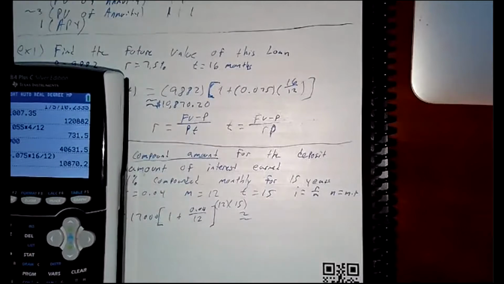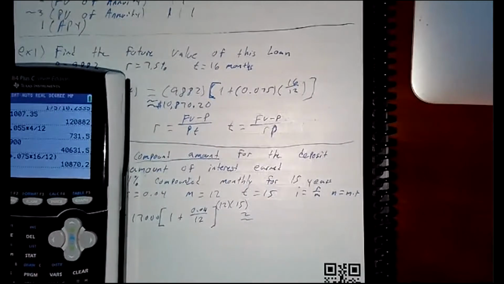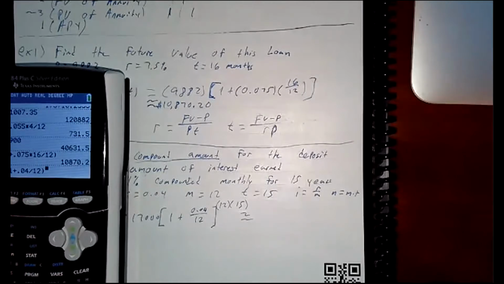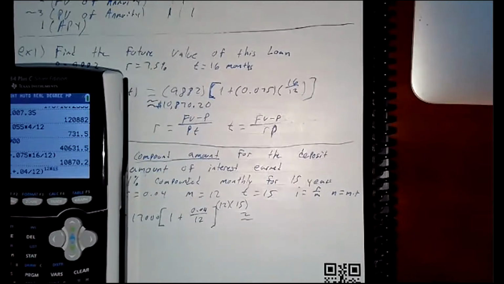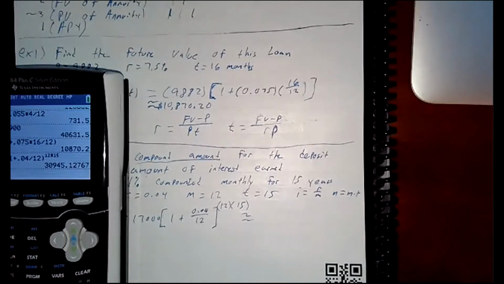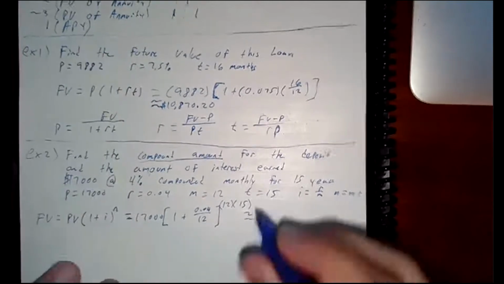Let's see. 17,000 times 1 plus 0.04 divided by 12 to the 12 times 15. Is that reasonable? A little high, but let's see. It did say 15 years, so I guess it's reasonable.